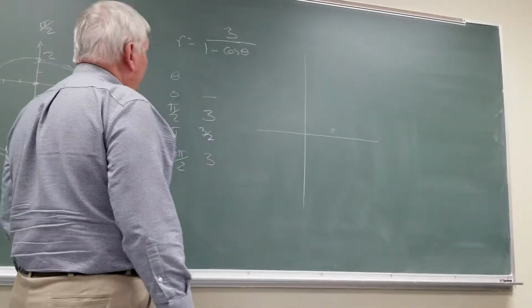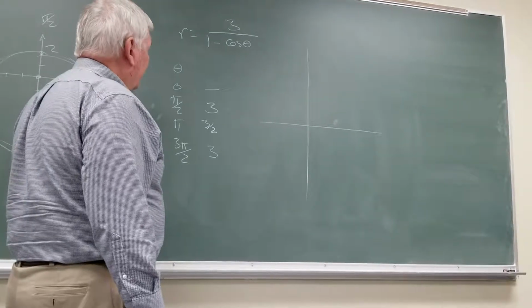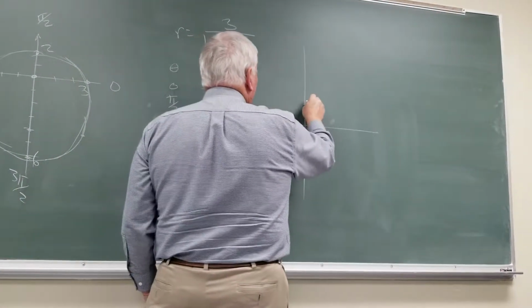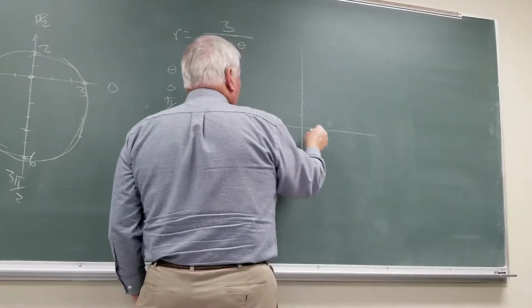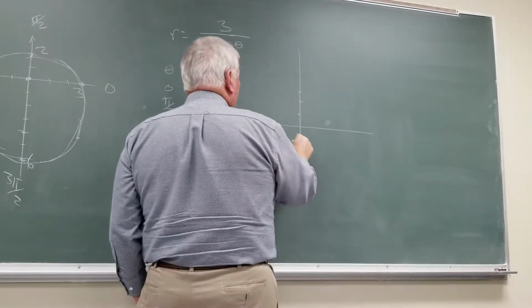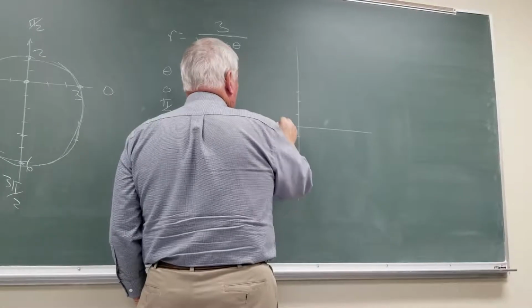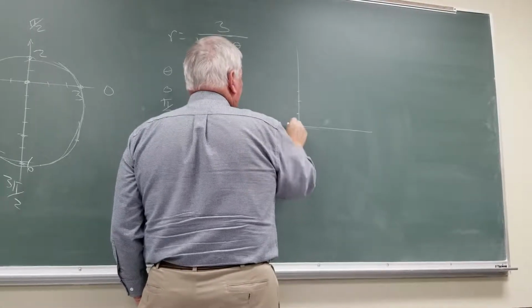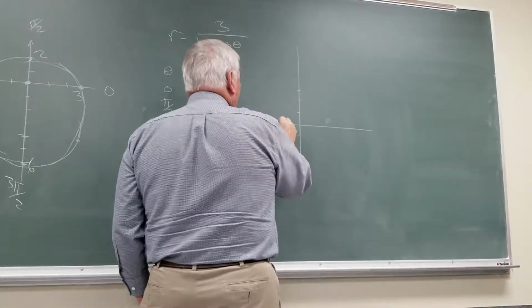So, in those directions, in the direction of 0, we don't get anything. In the direction of pi over 2, we get 3. In the direction of minus pi over 2, or 3 pi over 2, we get 3. And in the other direction, we get 3 halves.